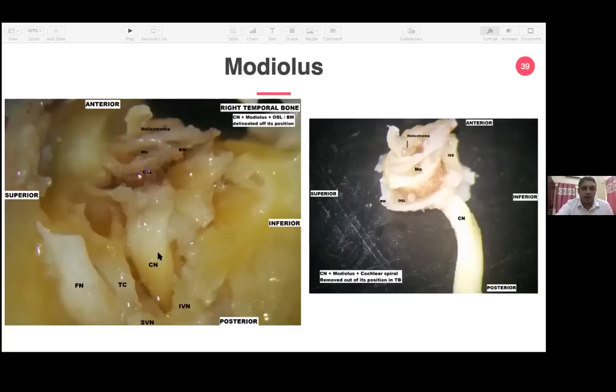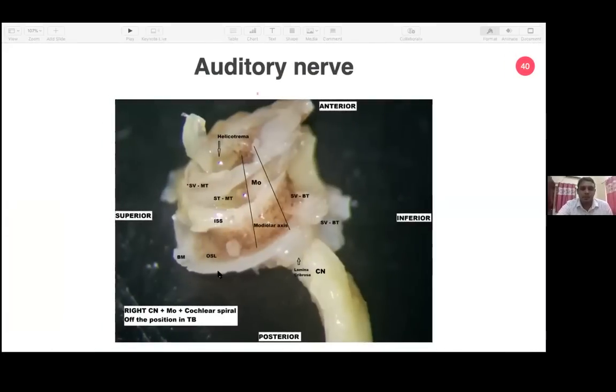The cochlear nerve is not a single nerve, it's a component of nerve fibers like this. So this is the complex of the nerve fibers here. The cochlear nerve enters the bony cochlea through a small aperture called the lamina cribrosa, or simply called the cochlear aperture.